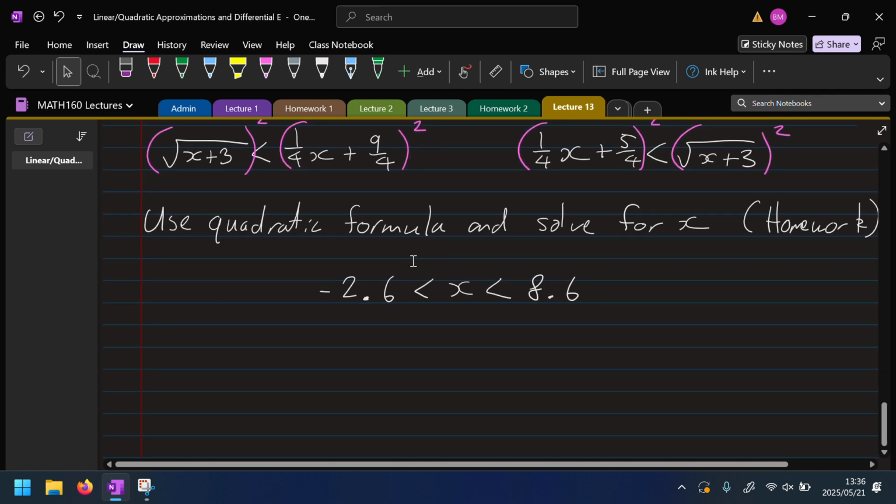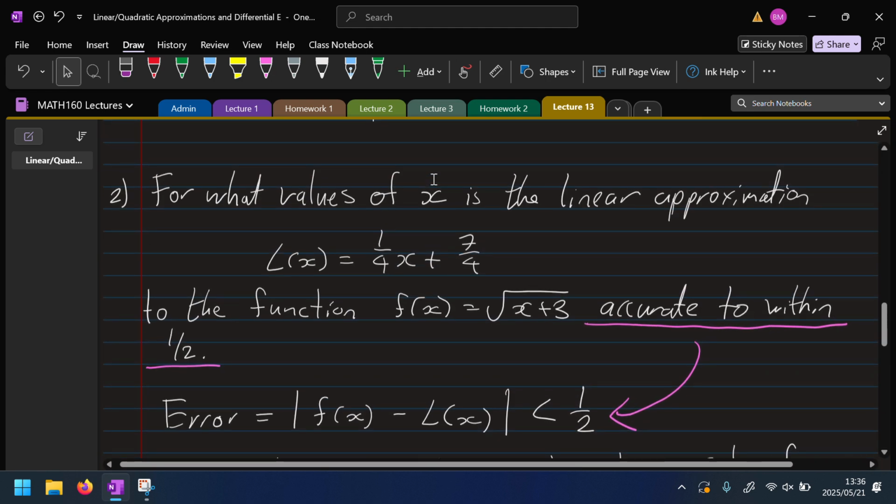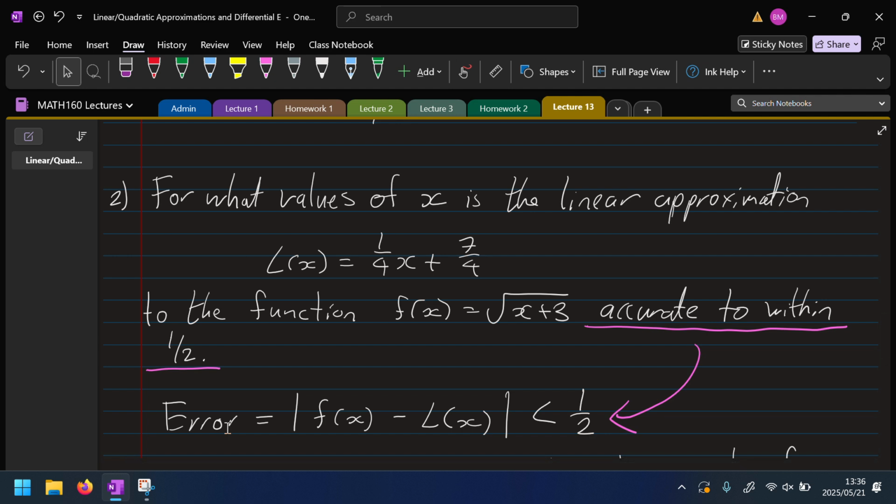Any questions on what we've done here? Please make sure you remember this first line here. Whenever you talk about the error, it's always the exact value minus the approximation. You've done that in physics with your experiments.